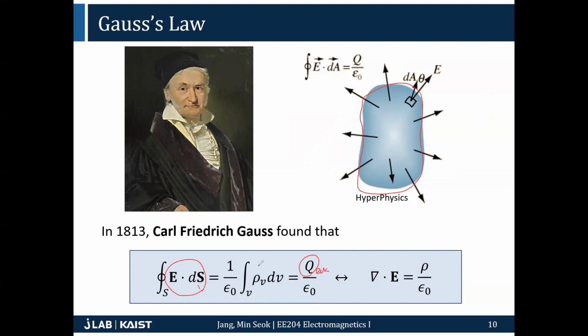And in differential form it looks like this: divergence of E is equal to rho divided by epsilon naught. If you perform volume integration on both sides, due to the divergence theorem, you get this. I guess everyone knows about Gauss' theorem.